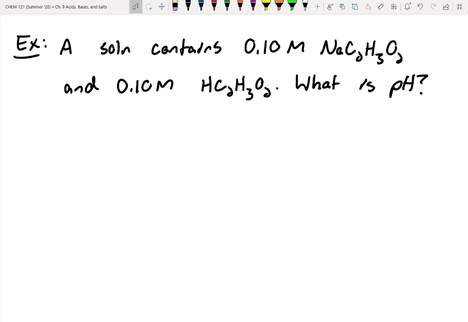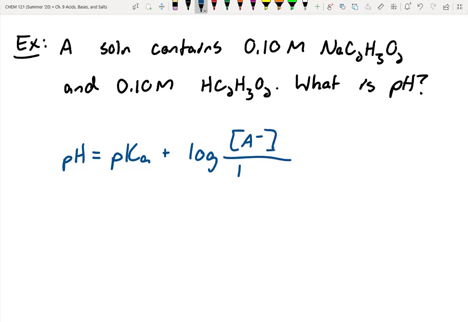So what I would do first is write out my Henderson-Hasselbalch equation. So pH is equal to pKa plus the log of A minus over HA. The question is, which one's my acid?